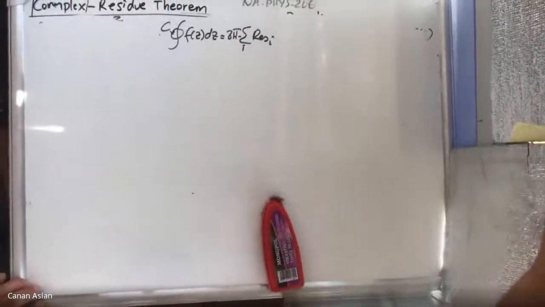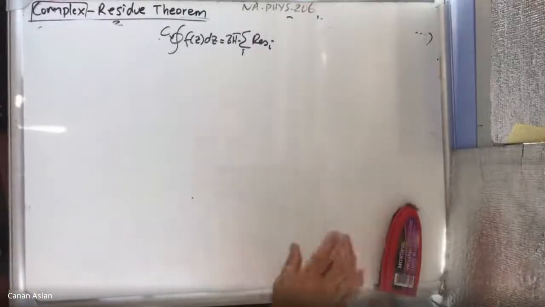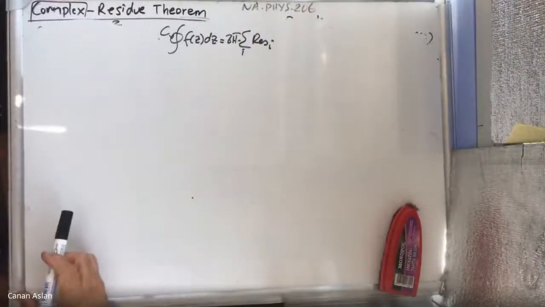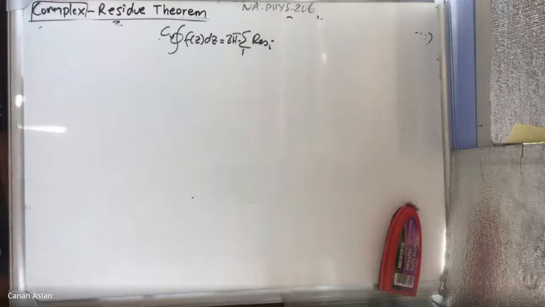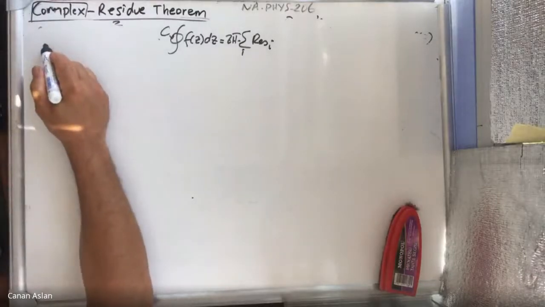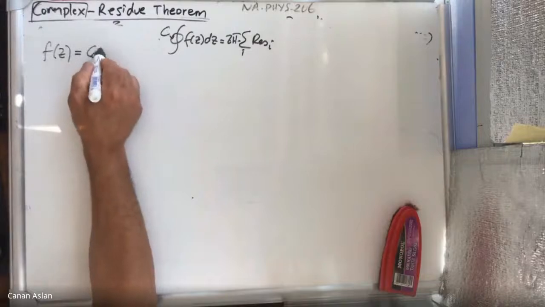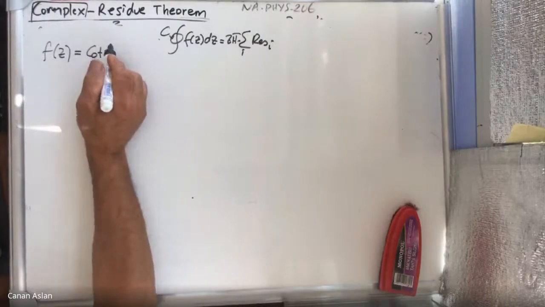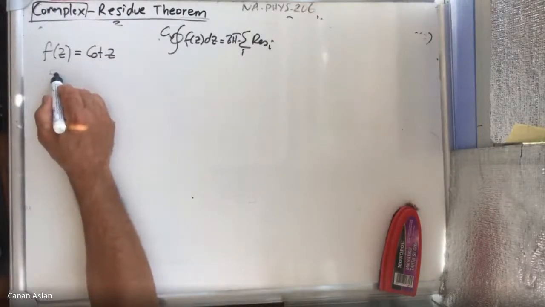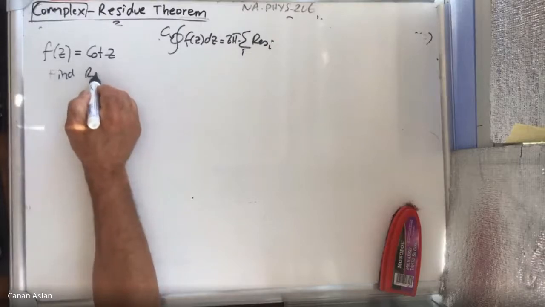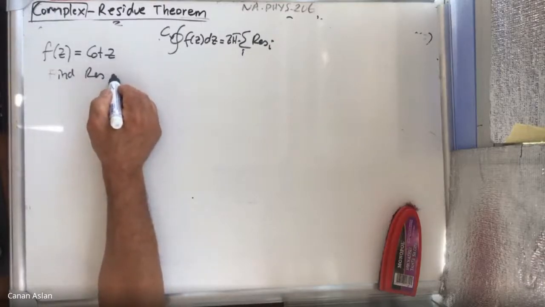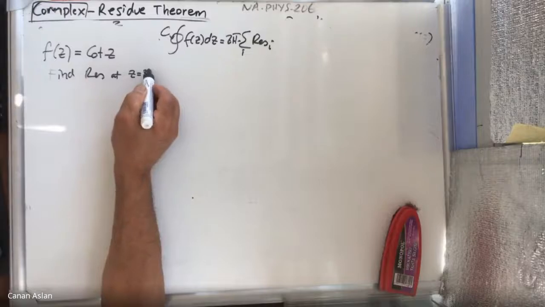All right, so the next example is cotangent of z. So f(z) is equal to cotangent of z. Let's find the residue of the function at z equals 3 pi.